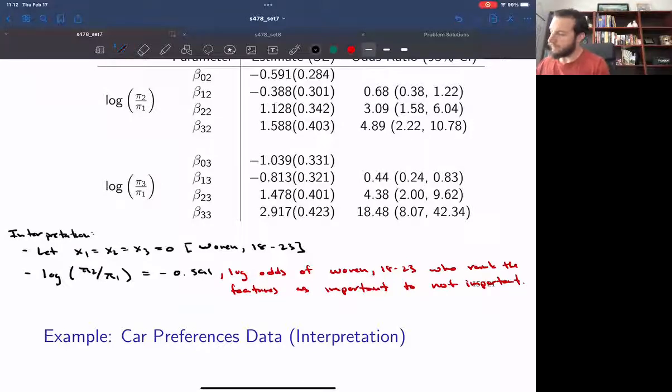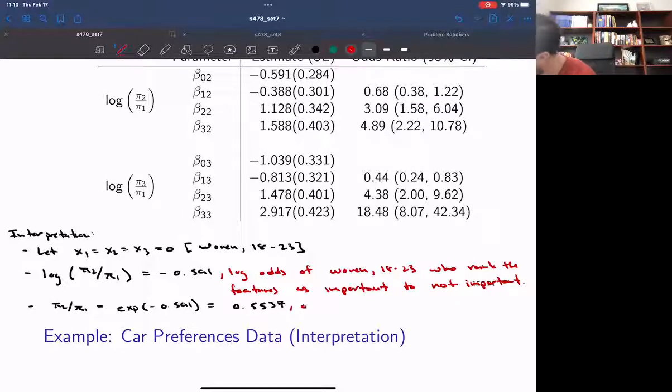So that would mean that the odds, so pi 2 over pi 1, will be exp of negative 0.591, which is equal to 0.5537.